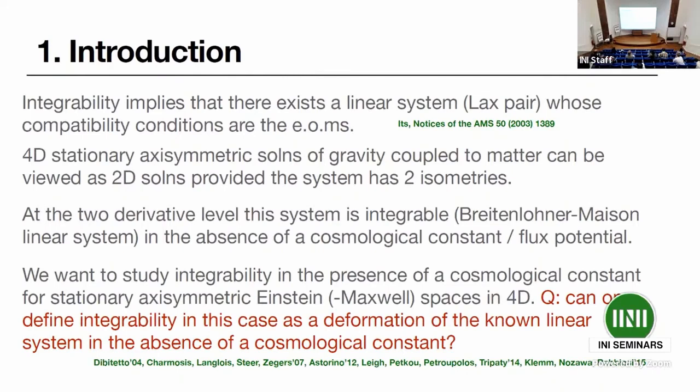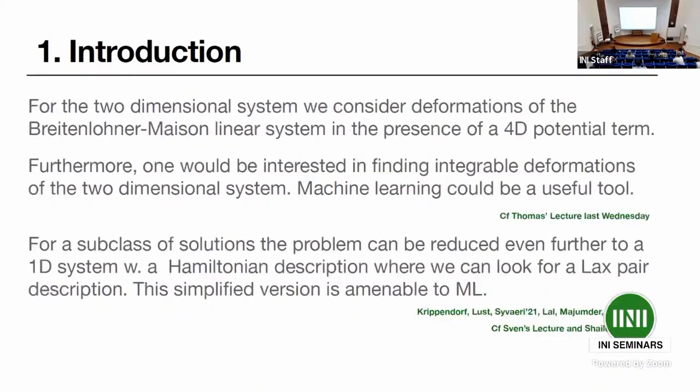And some results have been obtained by other approaches, and the conclusion, something that we're also going to arrive at here, is that there's some sense of partial integrability for these deformed models, or models in the presence of the cosmological constant.